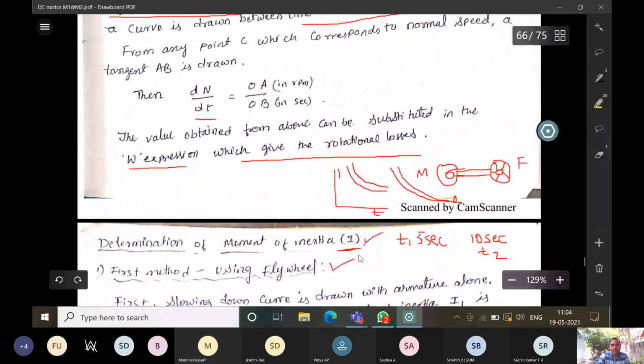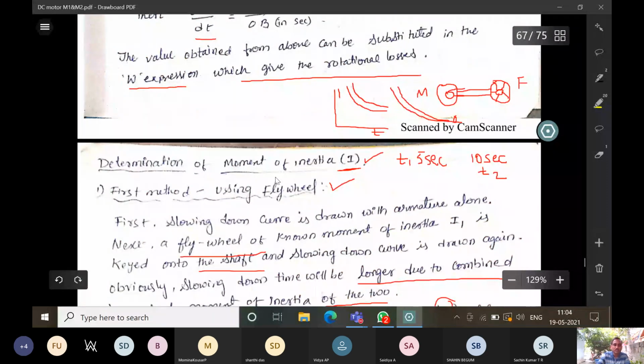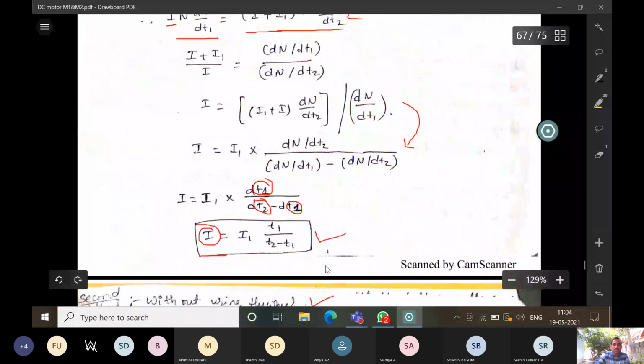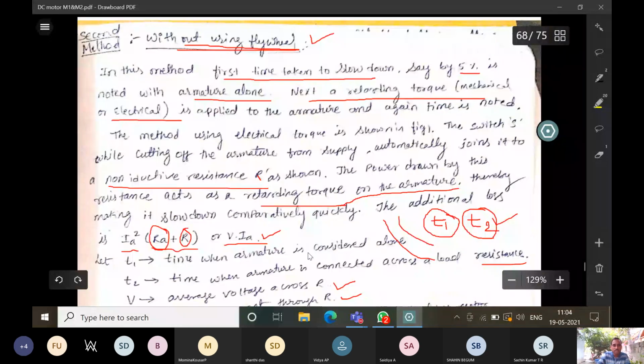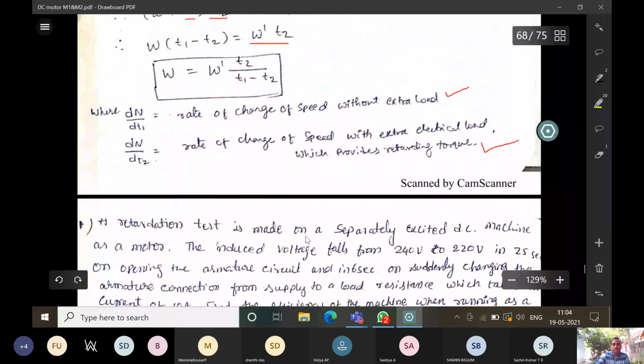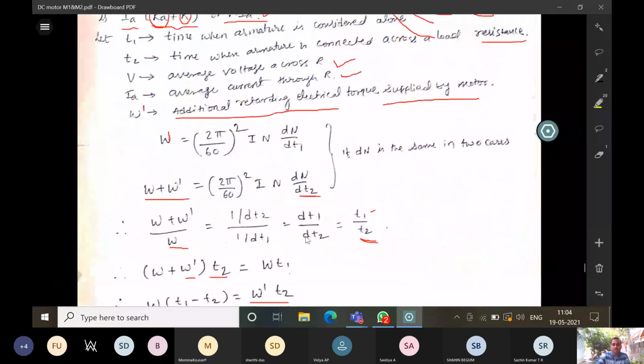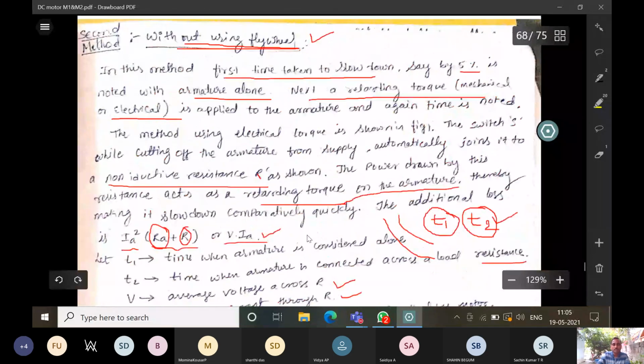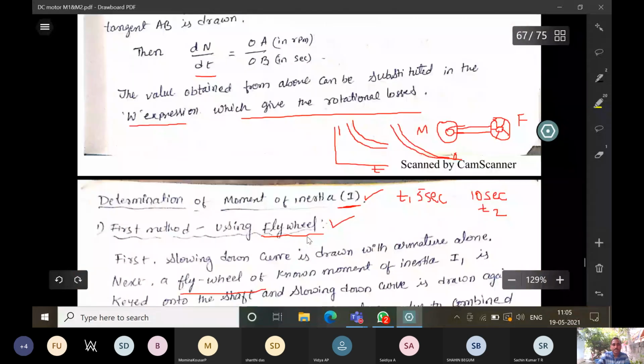For finding the moment of inertia, two methods are there. The first is the flywheel method, and the second is inserting the resistance to the load, that is, in the armature circuit. So additional retarding torque is obtained, and from that we find the moment of inertia. This is called the retardation test.